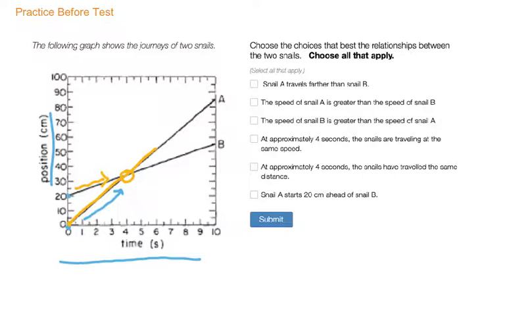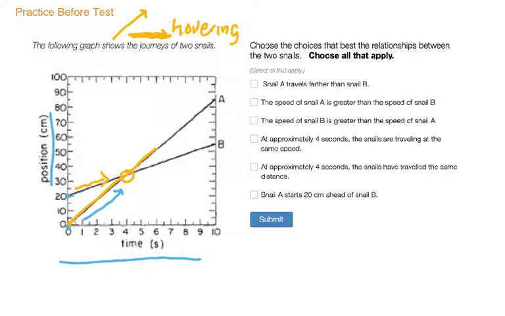The other thing I want you to remember is, remember when we talked about steepness? When I have a steeper line versus a line like this, remember this line means it's hovering, it's not moving. Remember the drone?